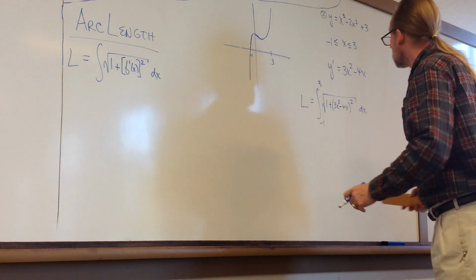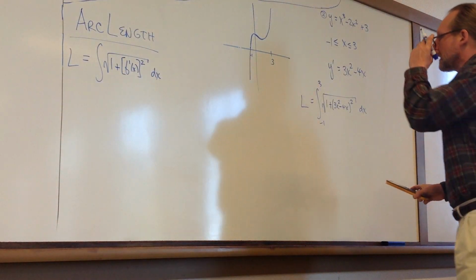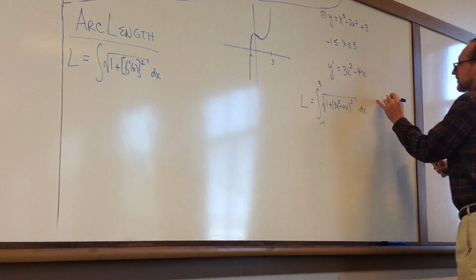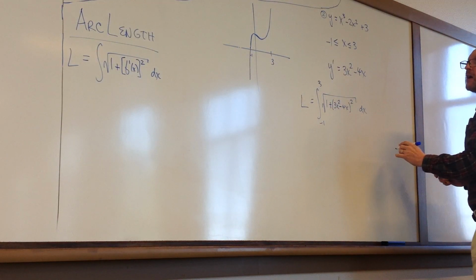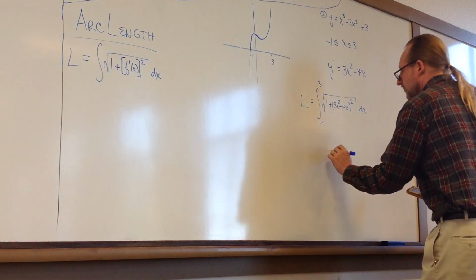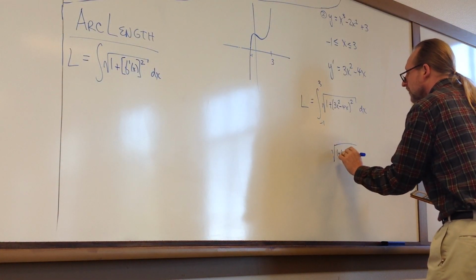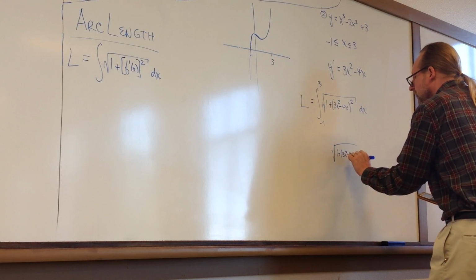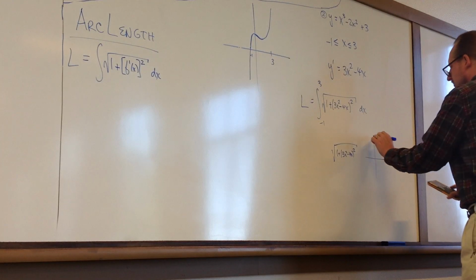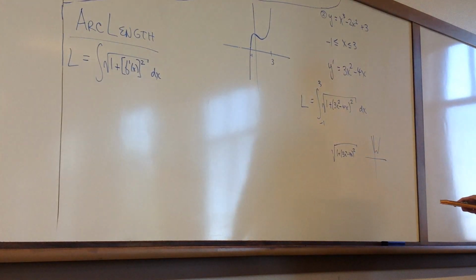Okay, so now that I've got that, we're going to look at a graph. Now the graph for this looks very different. So this graph, square root of 1 plus (3x squared minus 4x) all squared, looks something like this.